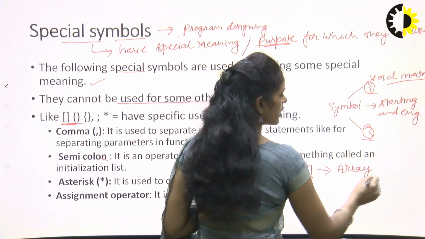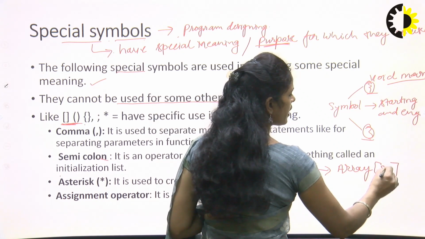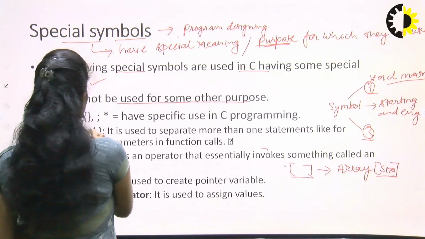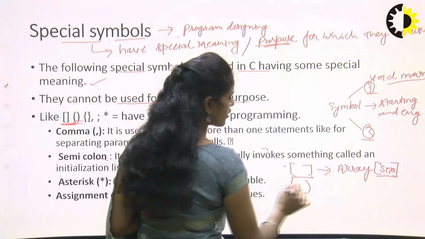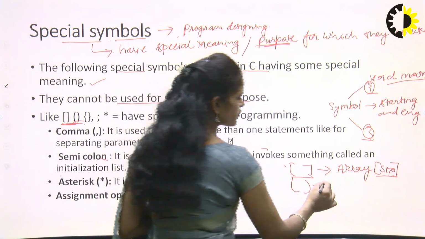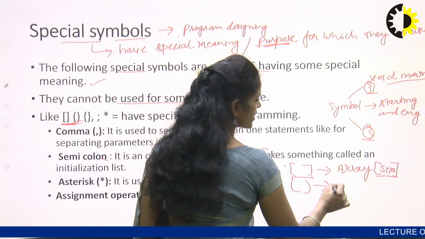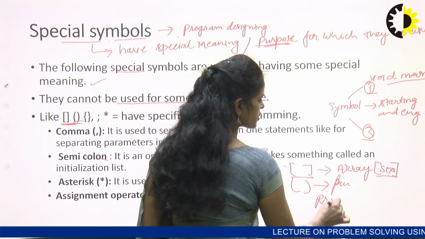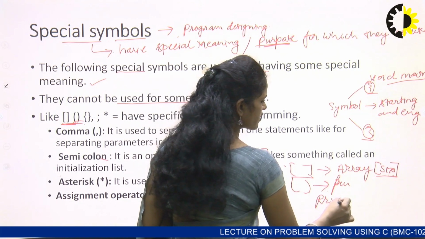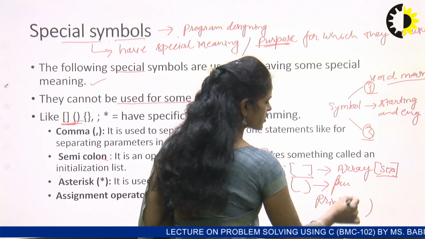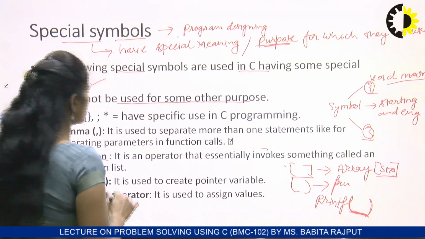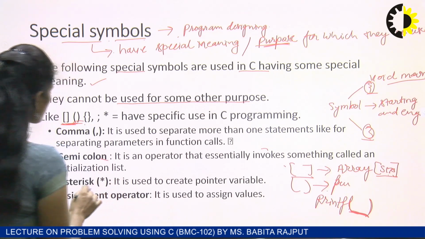Whenever we define the size of an array, this size is always enclosed in these brackets. And this kind of symbol, the parenthesis, always represents a function. I am declaring any kind of function, it may be a system defined function or a user defined function. So we always use the parenthesis, and they have a special meaning, right?